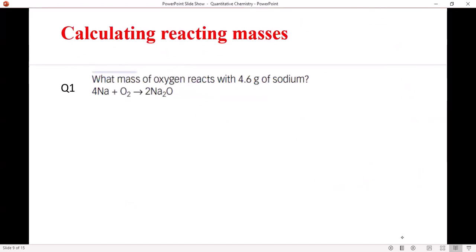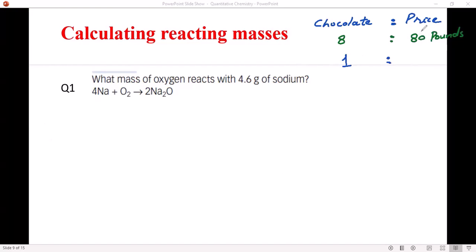Calculating reacting masses. To solve this type of question, I would love to discuss a basic mathematics skill with you. I call it the chocolate method. Suppose a chocolate price is 80 pound and you just need to buy one chocolate, then how many pound do you have to pay?